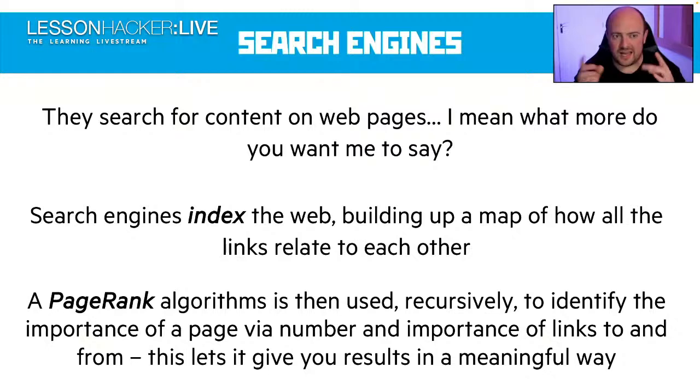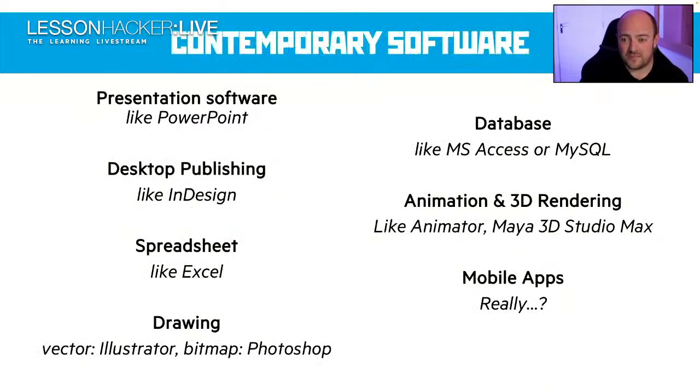That sounds weird. How do you know those two numbers? Well, it's because the algorithm is recursive. It keeps running and running and running. And if it finds a page is really important and it's linked to you, your importance goes up. And if you've linked to that page, their importance goes up because now you're more important and you've linked to them. So page ranks are about how important different websites are, how they link to each other.